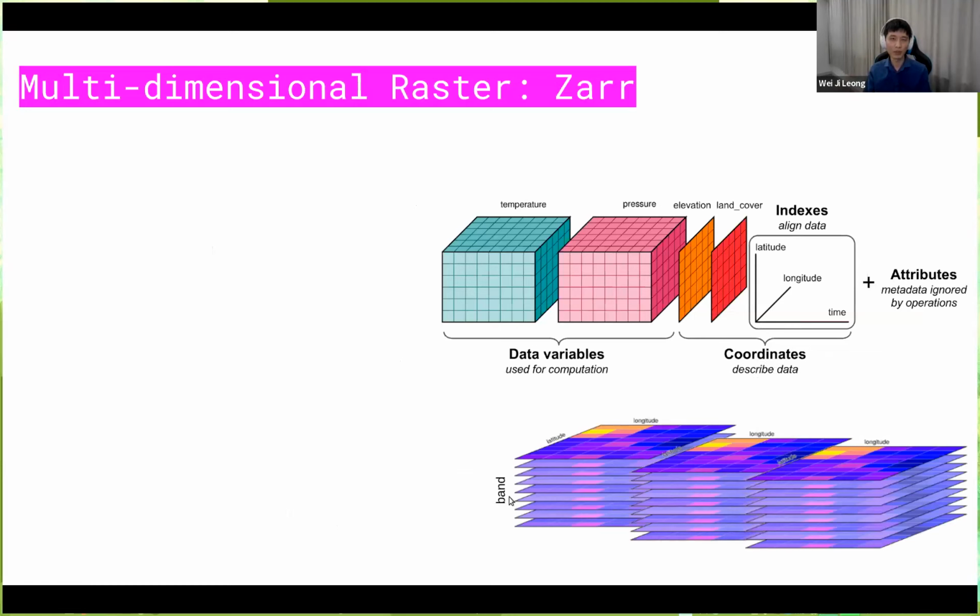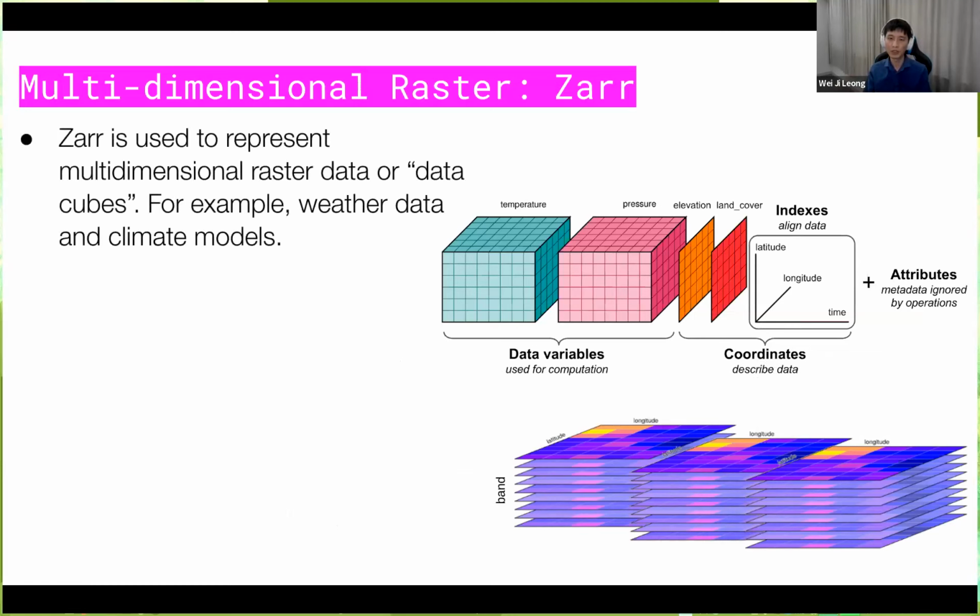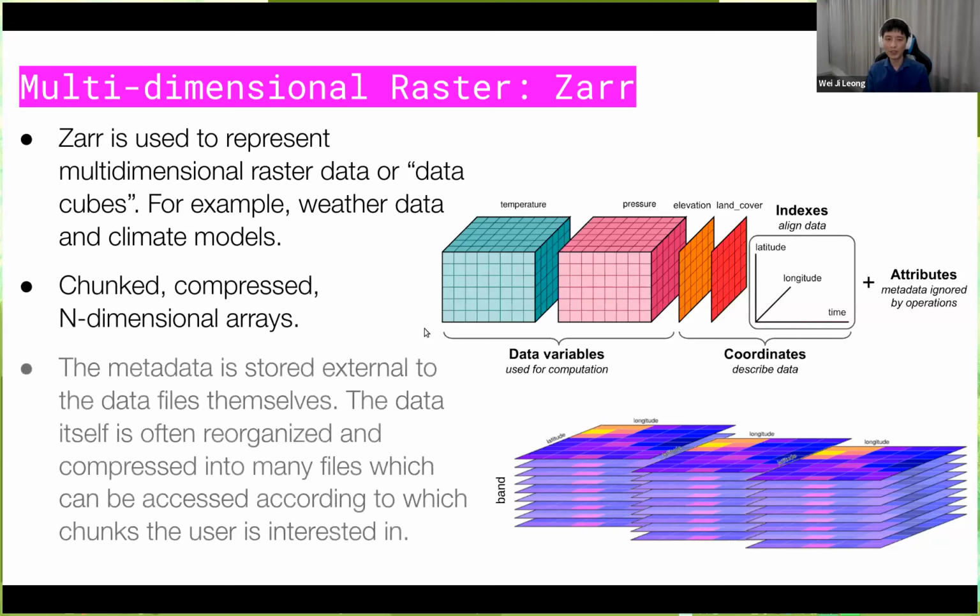So that's for a simple raster use case. If you're working with more complicated data sets, such as climate or ocean models, you might have lots of data variables such as temperature, pressure, precipitation, etc. Zarr is one of those file formats which allows for complicated n-dimensional arrays.